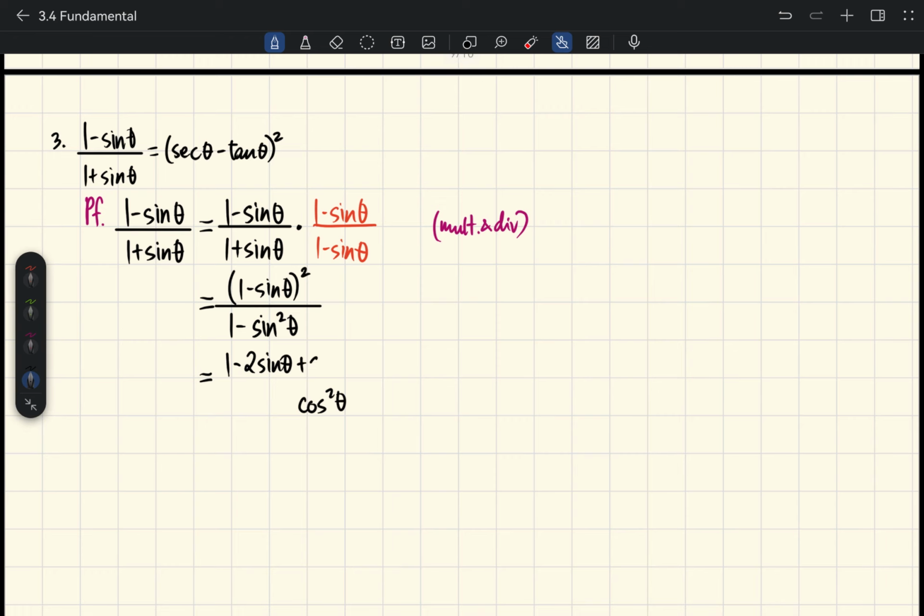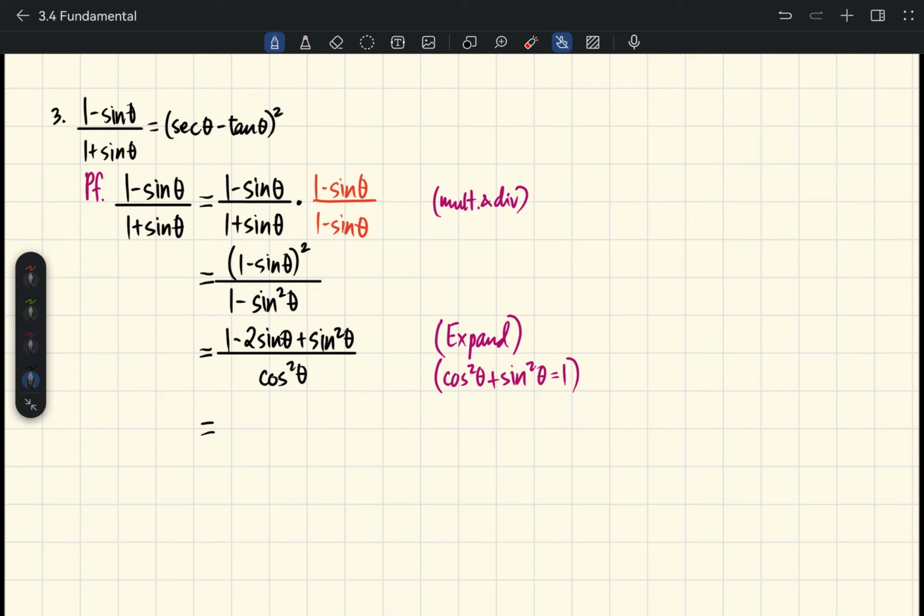Then plus sine squared theta. Okay. Let me move that one. So what we just did here is in the numerator, we expanded. In the denominator, we used the fact that cosine squared theta plus sine squared theta equals 1.